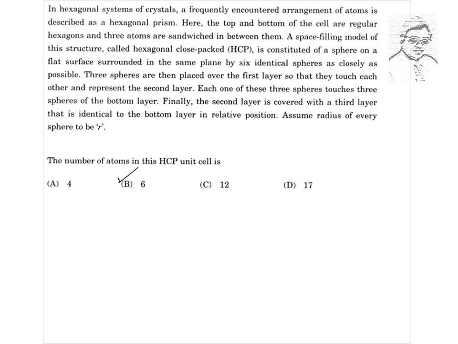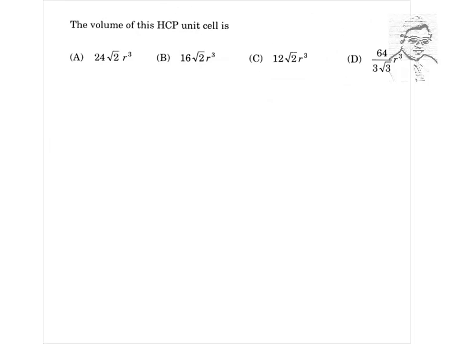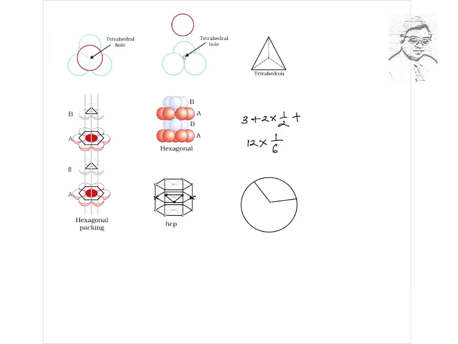That's the only information given. And if you look at the answer also, there's only r and no other variable. So, how does one find the height between the top hexagon and the bottom hexagon?